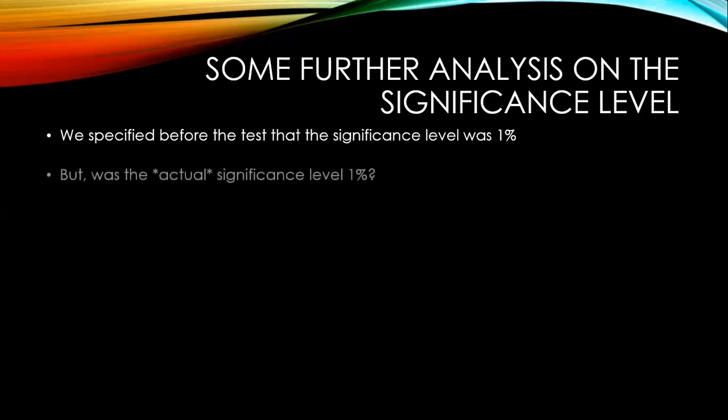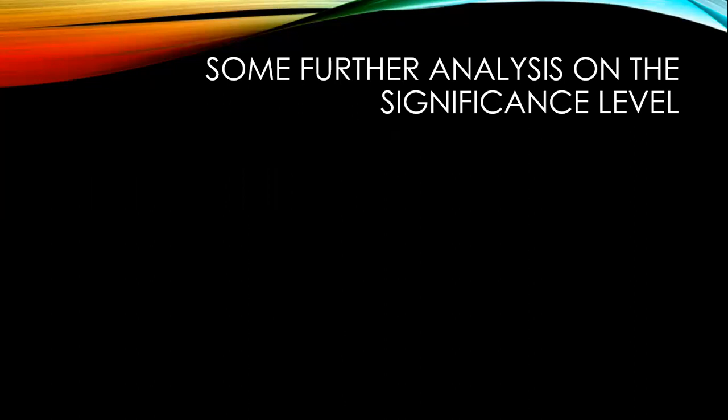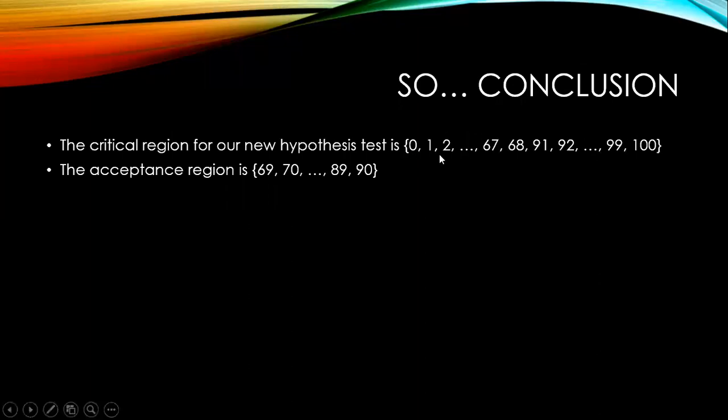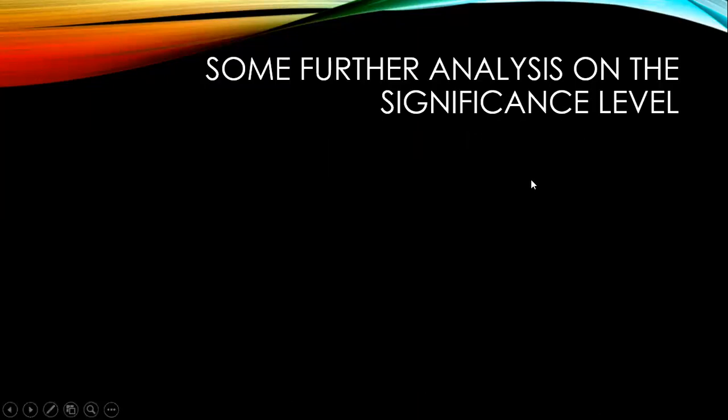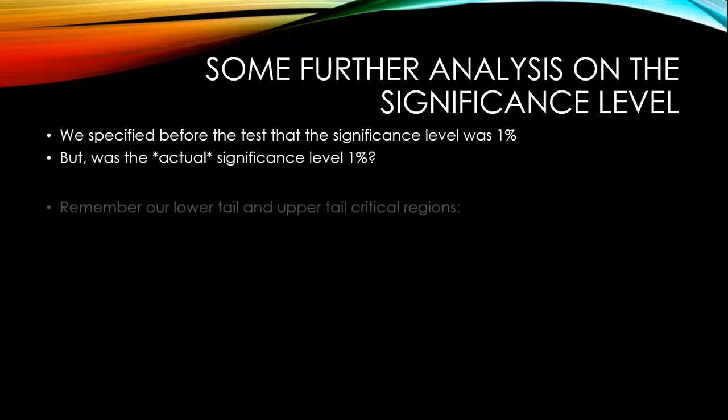But was the actual genuine significance level 1% for this test? Given that this was our critical region, is the probability of rejecting H0 actually exactly 1%, or is it something different?